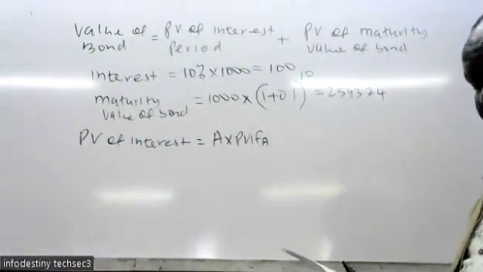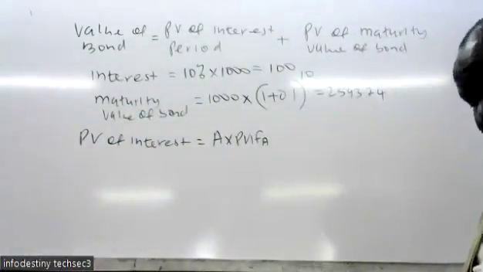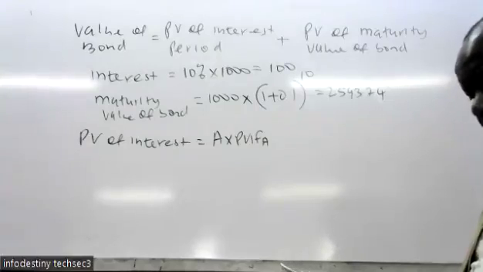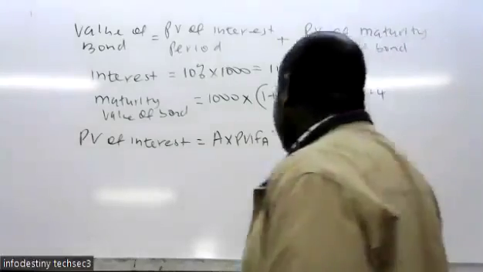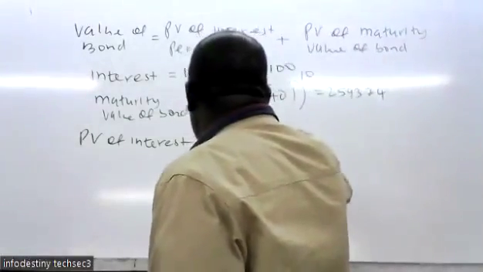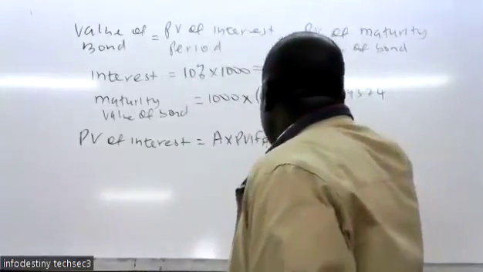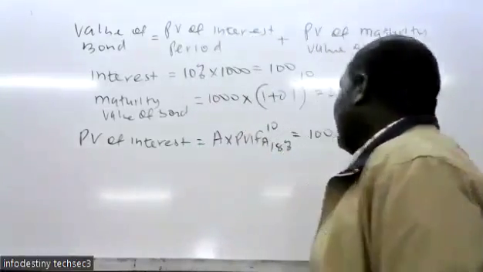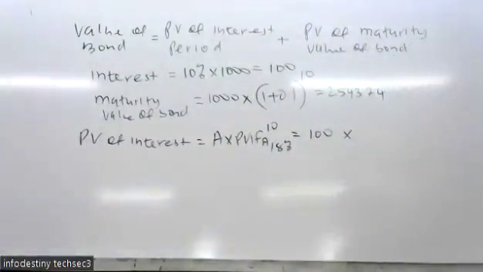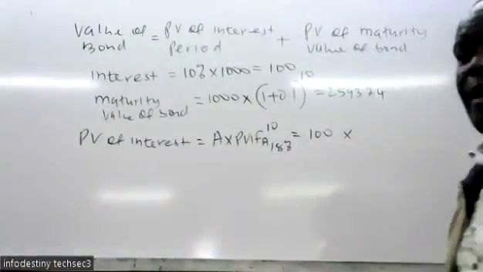The cost of capital has been given. You can see that the cost of capital is 18%. So it is 18% for how many years? 10 years. The interest is 100. So 18% in year 10 for the annuity table.